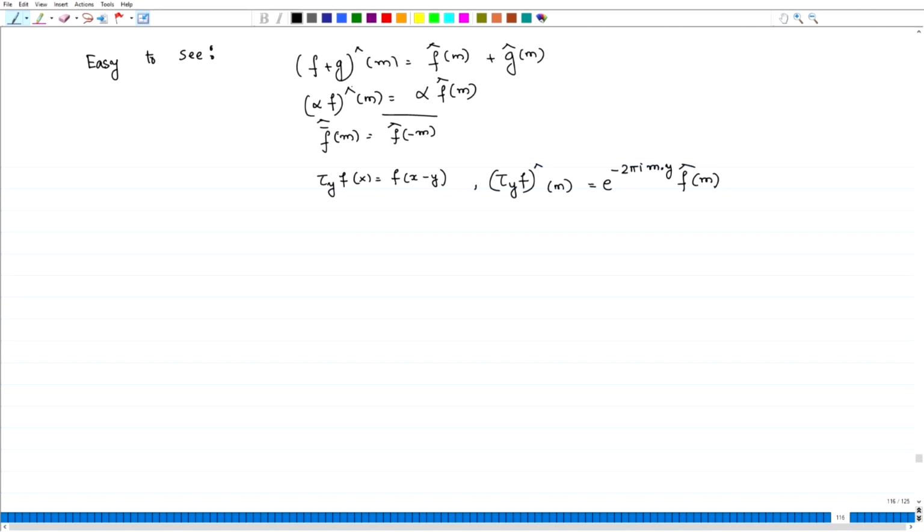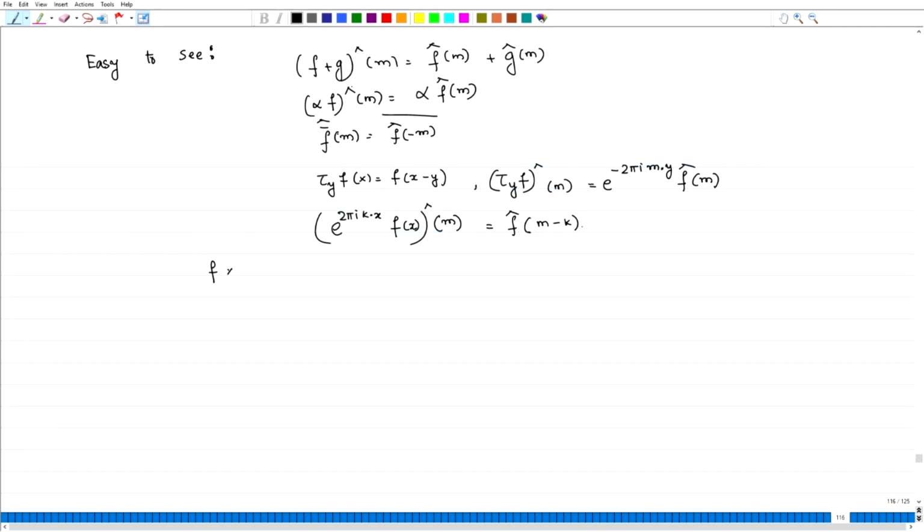And similarly, if I multiply f by e to the power 2 pi i k dot x and take the Fourier transform, then this is going to be a translation on the side of the Fourier transform. The proof is exactly the same as this.